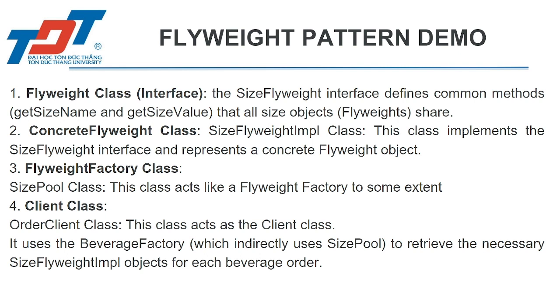And the flyweight factory class applies the flyweight factory to some extent, and the client class is the other client class. In this example, the client class will call the beverage factory, something like ordering a beverage, and they will order through this.